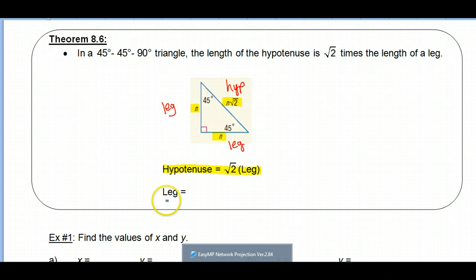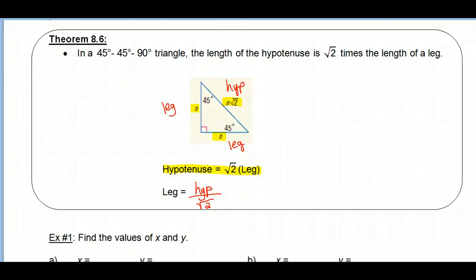What if I'm trying to figure out what the leg is equal to? So Brittany? Divided by the square root of 2. Yeah, so you just take the hypotenuse and divide by root 2. That's all. Make sense? If you know it's one of those special triangles, 45, 45, 90, this always works.